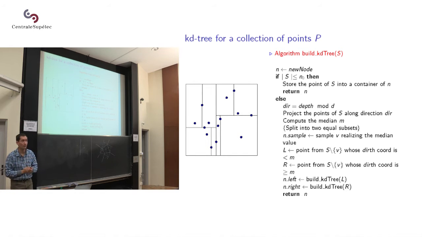Is it clear? So you take a direction, maybe the x-axis, you project, you compute the median, the value which separates the points into two subsets of equal size, and then you split here, full stop. So that's what the pseudocode is telling us.